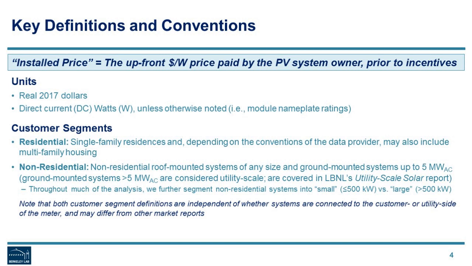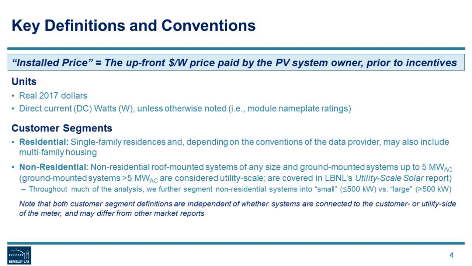That system owner could either be the site host or a third party, and we'll talk about that a little more in the next few slides. Just to be clear, in talking about the installed price, we're referring to the gross price prior to any incentives or tax credits. For perhaps obvious reasons, the installed price is not necessarily the same as the underlying cost to the entity who's developing and selling the project.